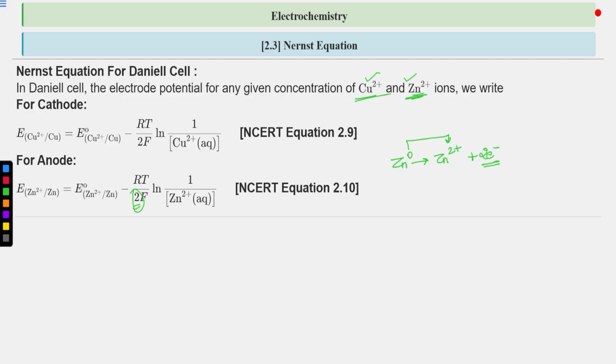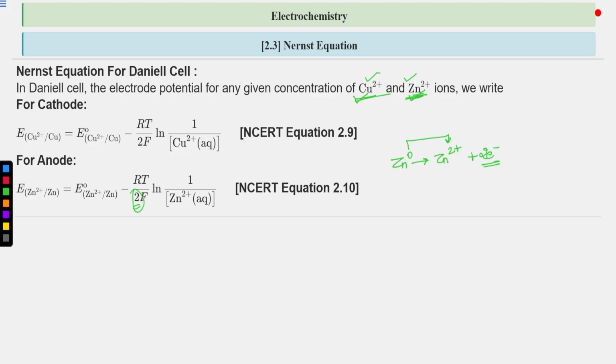You can use any metal that can easily participate in the cell reaction without involving the solution or without electron transfer issues, which is suitable for the Daniell cell mechanism. But in the NCERT, as we are going according to it, we use the standard copper and zinc electrodes as the cathode and the anode.